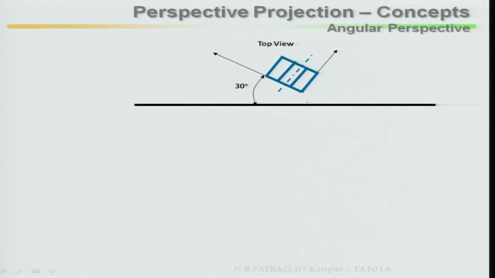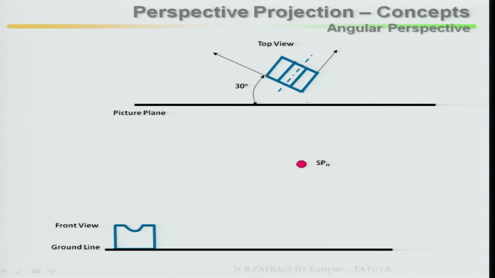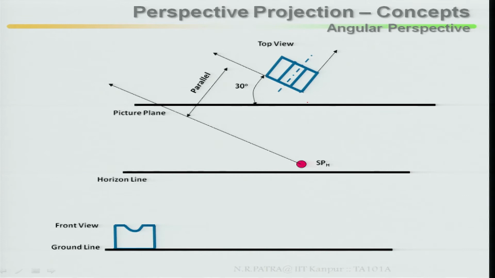So, in this case, draw the picture plane, then mark your station point, then draw the ground line. On that ground line, take your front view or side view, whatever is given, then draw your horizon line. Then from the station point, look at the left face.